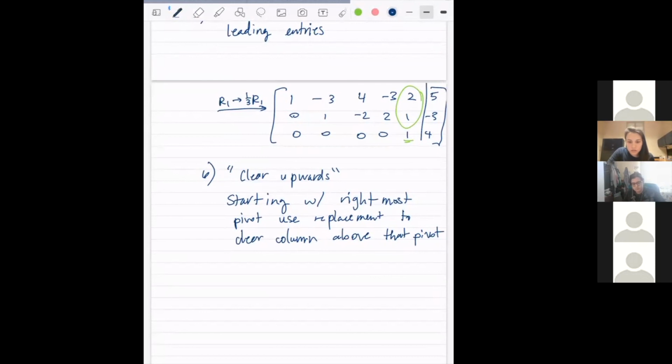Okay, there was a comment. You had to scale multiple rows. Could you do it all at the same time? Yeah, that's something that I think is safe to do. You could scale all of your rows at the same time because there's not that interaction between them. But if you're trying to do like 2 replacements at the same time, that would just be really bad, most likely. So, yeah. Is it dangerous to write multiple steps at once?